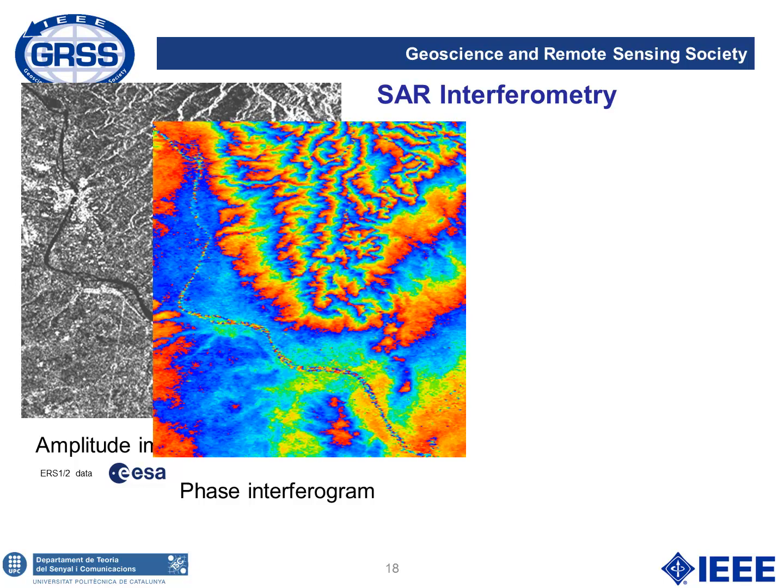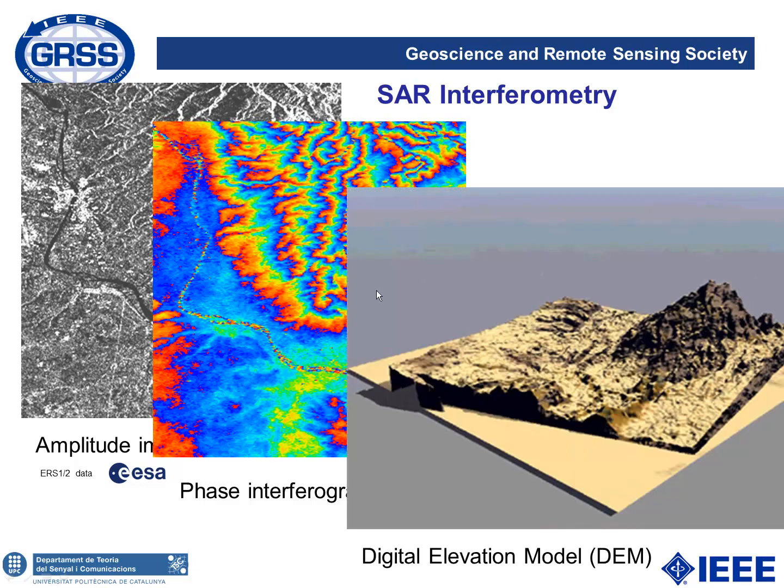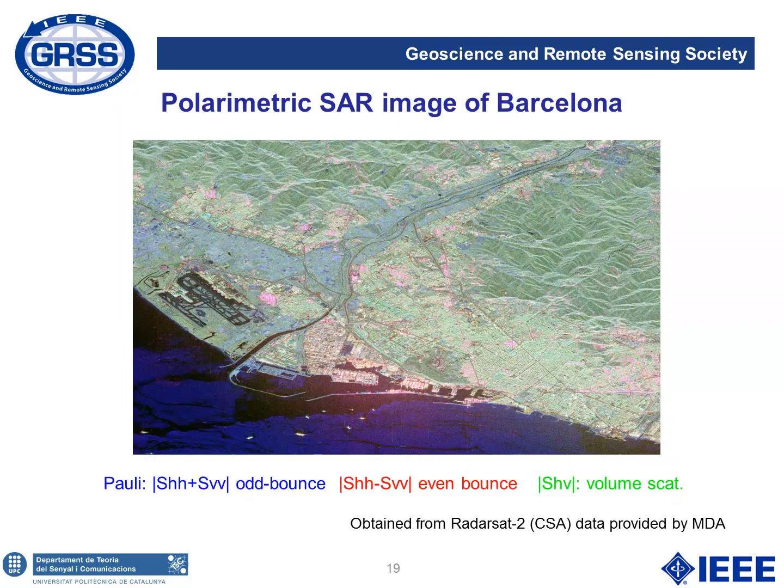In this case it is ERS-1 and ERS-2 from ESA. And the phase information in this case shows the topography. And this phase information can be processed in such a way that we can obtain digital elevation maps, which are really important products for planning and any infrastructure development.